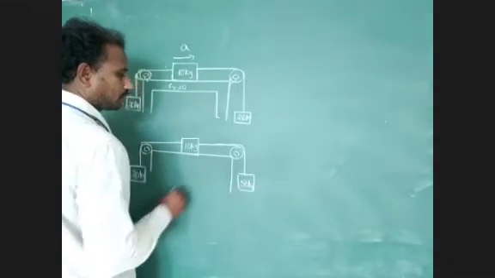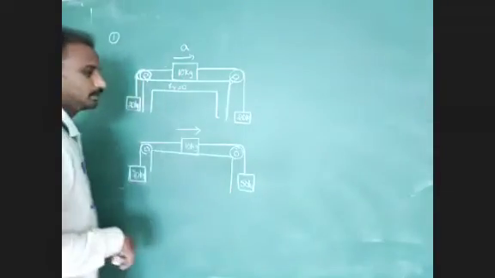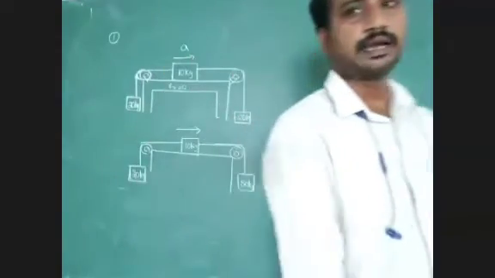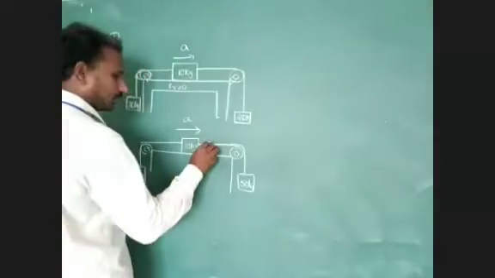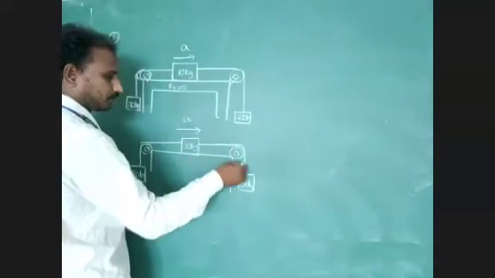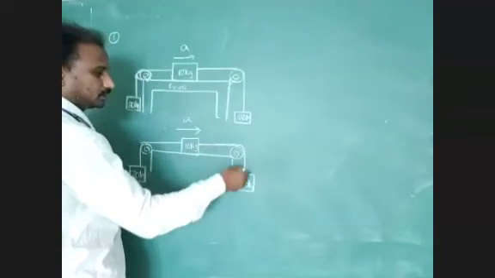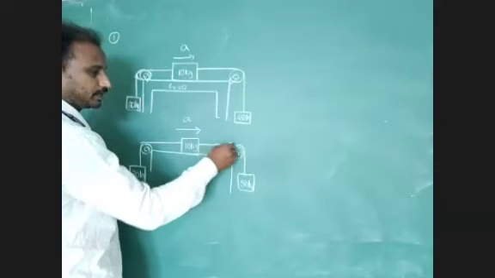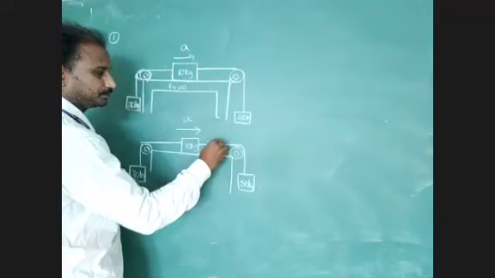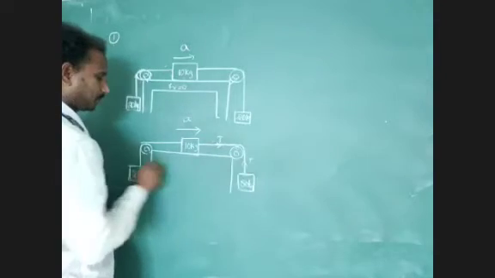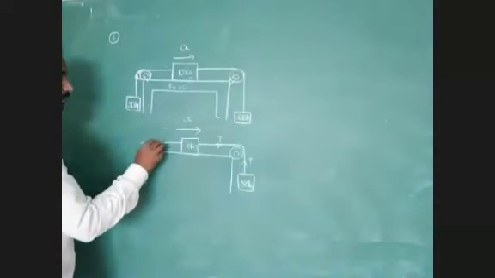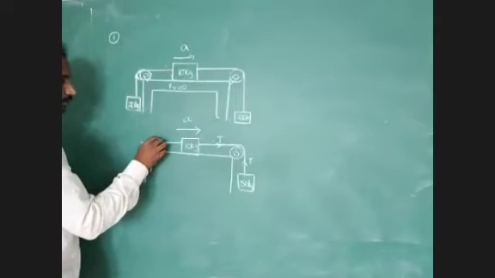Now we have to find the acceleration of the 10 kg mass and the tension in the string. Throughout the string the tension is constant.